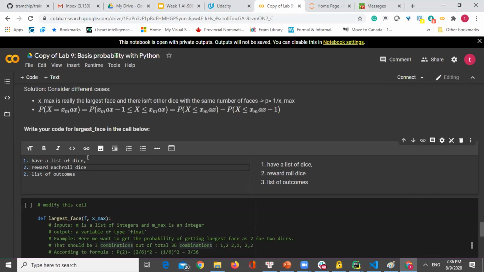Look at the chart. Okay. Roll each dice in the list. Sorry. Okay. Now we get a list of outcomes.